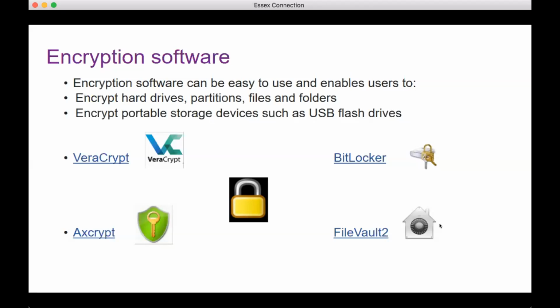At the end of this presentation as well, there will be a UKDS playlist, which includes some tutorials on how to use different encryption software. So please have a look at that as well.